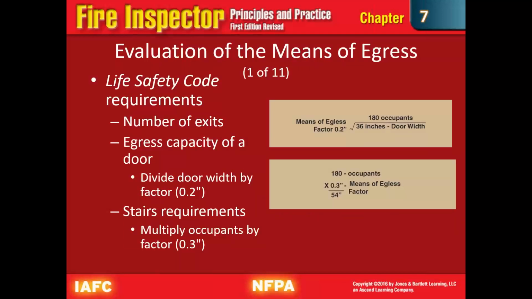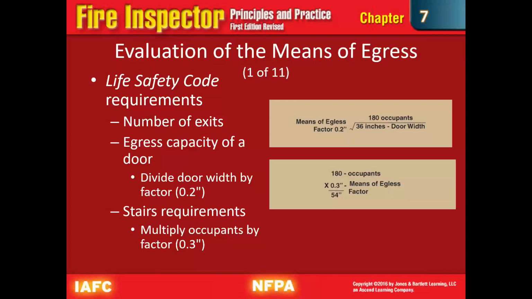All right. How you're going to evaluate the means of egress: the life safety code requirements, the number of exits, egress door capacity of a door, and this is kind of where you're going to use your algebra. You're going to have to kind of dust off a little bit of math skills here or there.